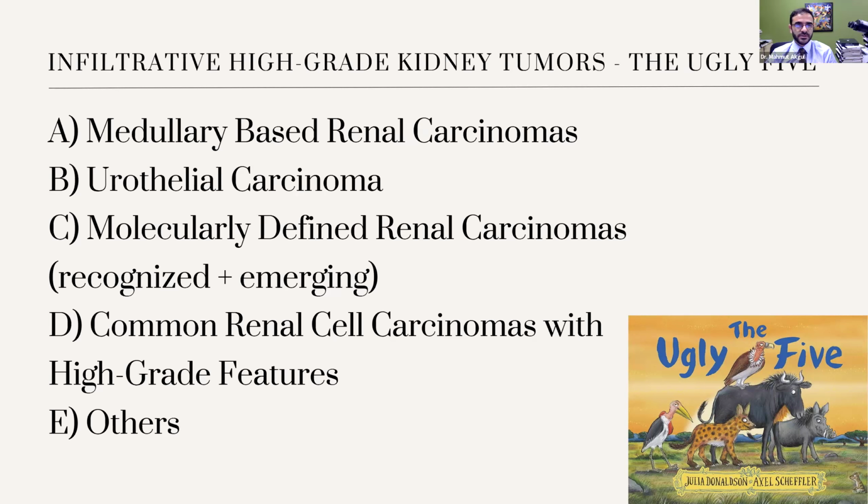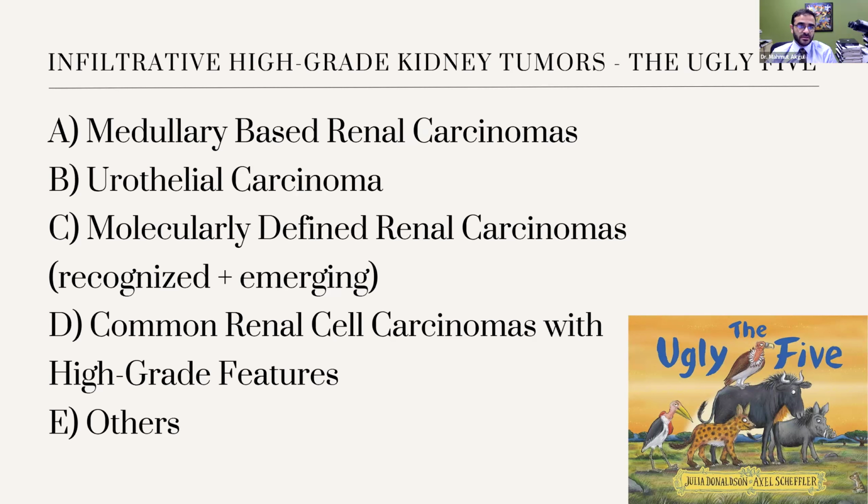And then we are going to delve into a relatively large group of tumors under the category of molecularly defined renal carcinomas. Most of the tumors we are going to mention are recognized, but there's one tumor we need to mention in infiltrative kidney tumors, which is currently in the emerging category.